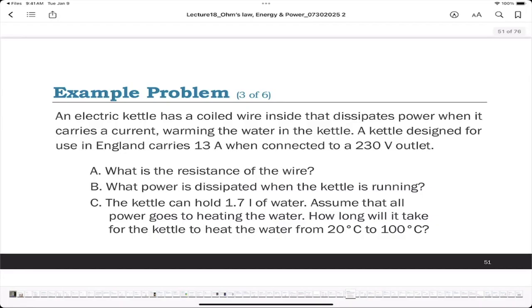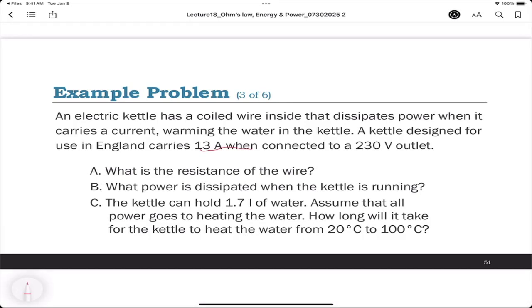A kettle designed for use in England carries 30 A when connected to a 330 volt outlet. What is the resistance of the wire? From Ohm's law, R equals V divided by I. So V is 330 volts and the current is 38, which means it is around 80 ohms.